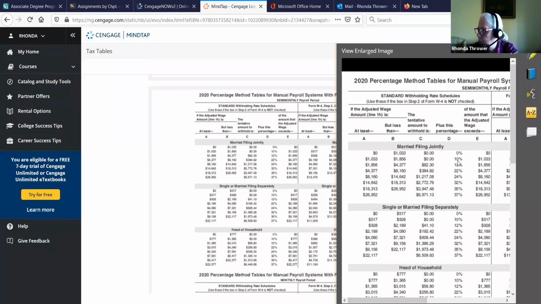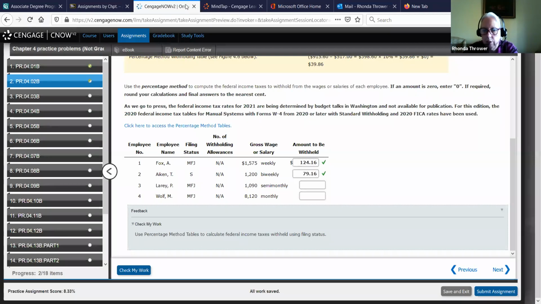So I'll multiply 57 times 10%, and that will give me $5.70. Since there was no tentative tax, the only amount that this employee owes in federal taxes is $5.70. So I'm going to go back to Cengage. I'm going to write in $5.70.